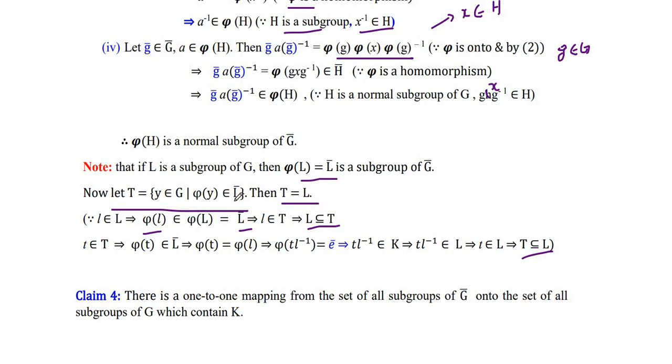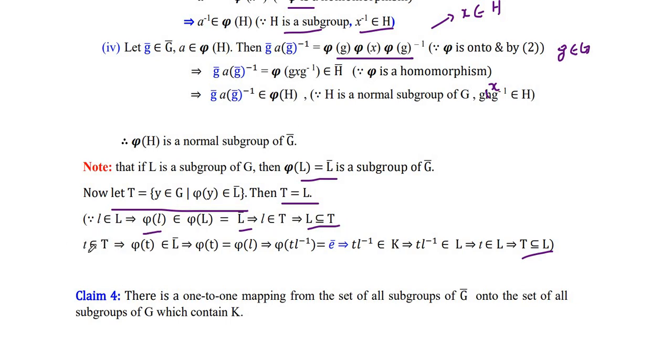Phi of anything belonging to L bar means that element should be in T. You have considered l in L, that in turn implies phi of l belongs to phi of capital L, and that's nothing but L bar. So because phi of l belongs to L bar, your l should be in T. L in L implies l in T, so L is contained in T.